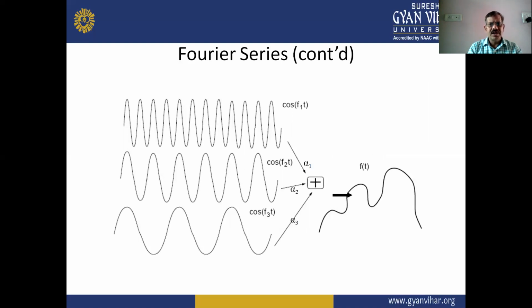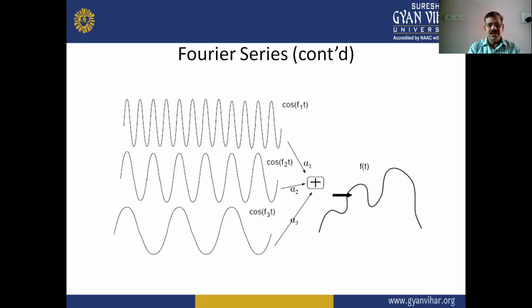There are different waveforms in these figures. The first waveform has the frequency f1. This is the cos waveform, cos f1 t. The second waveform has the frequency f2. This is also a cos waveform, which has the frequency f2.